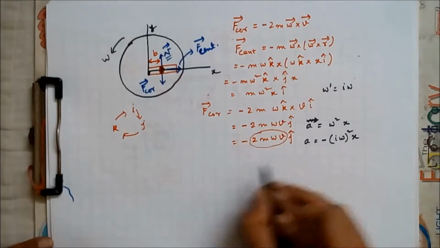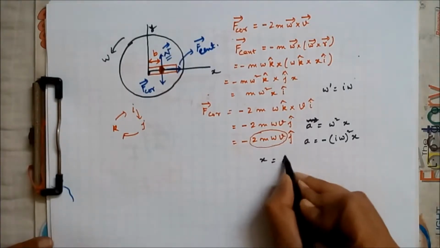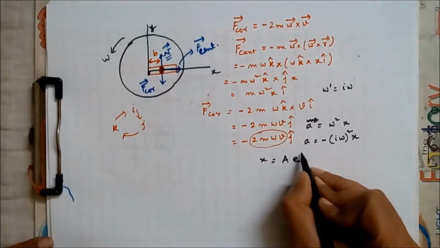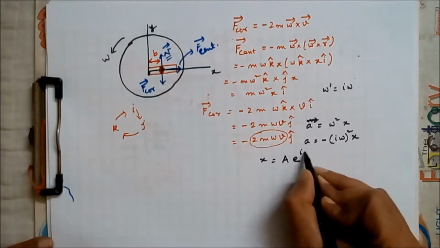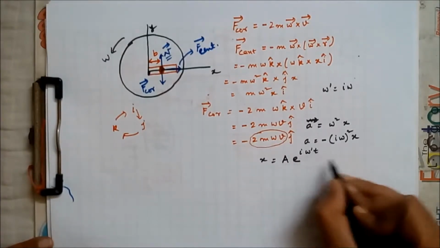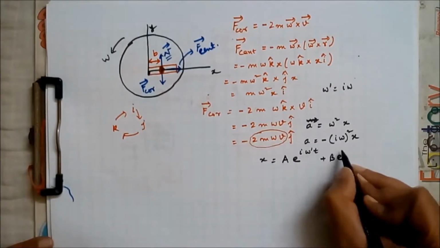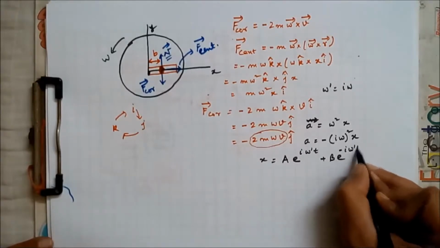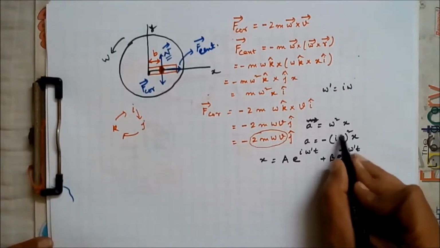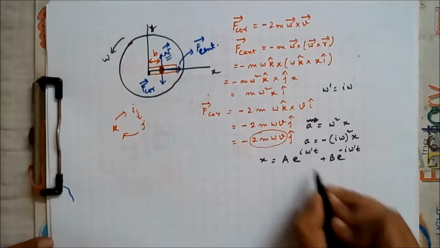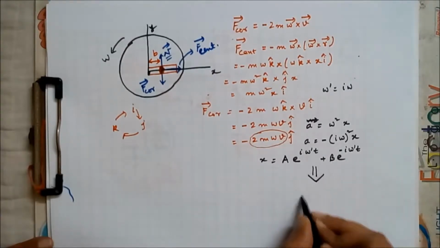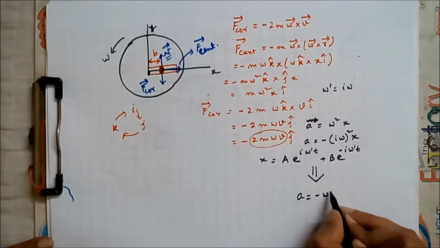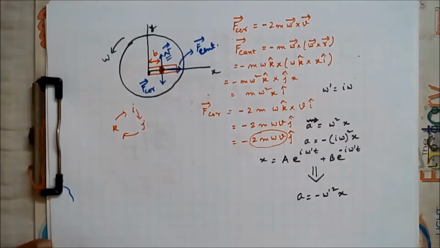The solution to this equation is x equals a e to the power of i omega primed t plus b e to the power of minus i omega primed t, where omega primed is just i omega. So I am writing the solution to the equation a equals minus omega primed squared x.